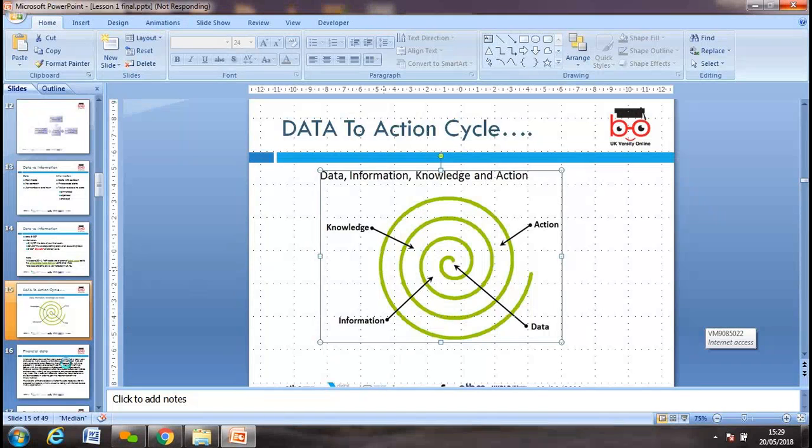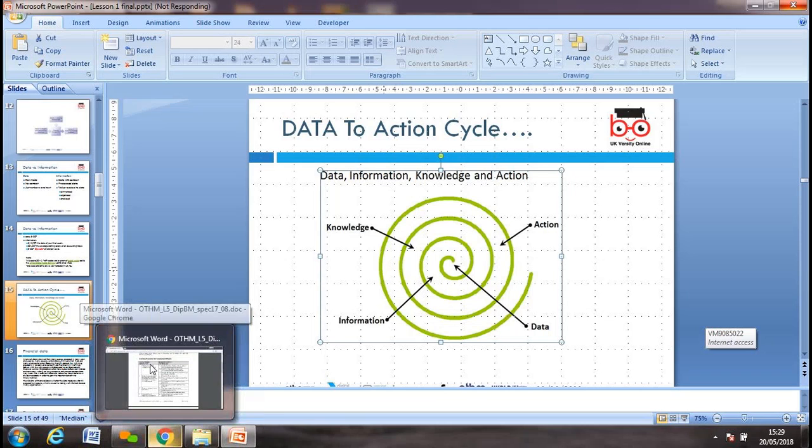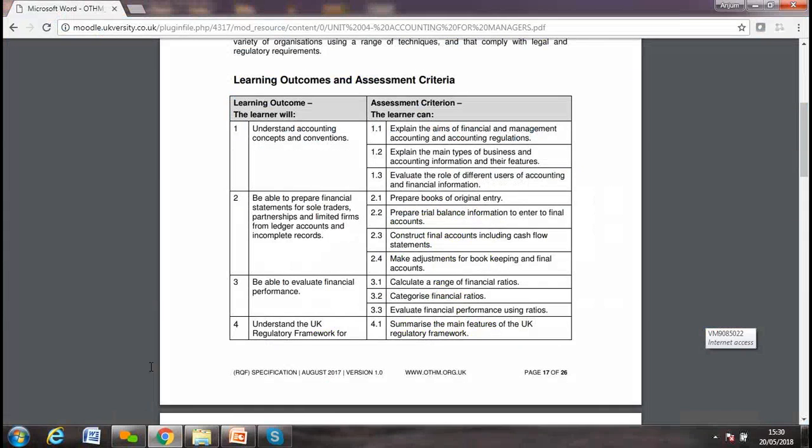Okay. Next, we are looking at how we will manage the data and what sort of data will help us. So the first learning outcome is to explain the aims of financial management, accounting and accounting regulation, like financial accounting and management accounting, and what regulation, like we discussed GAAP.